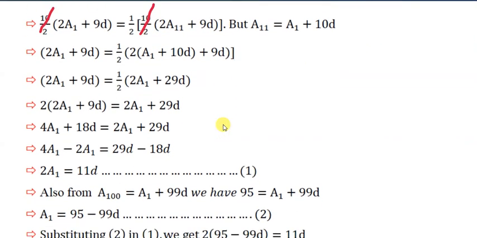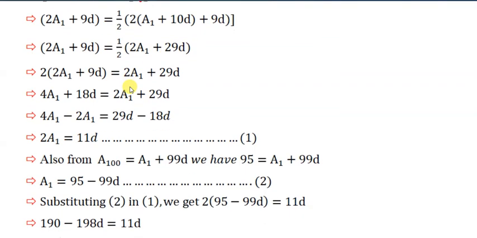Then after some calculation, when 2 is multiplied by a1, it becomes 2a1. 2 multiplied by 10d gives us 20d. 20d plus 9d gives us 29d.